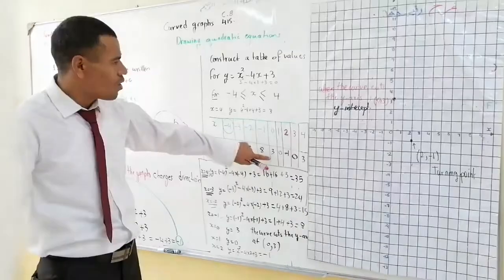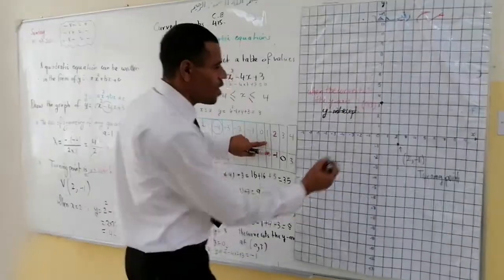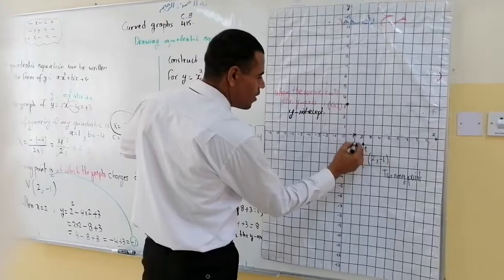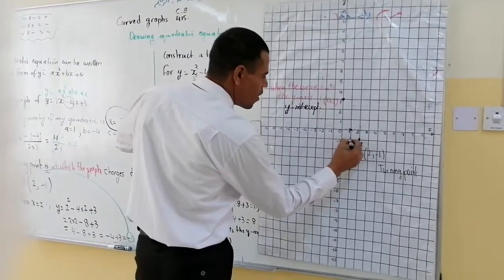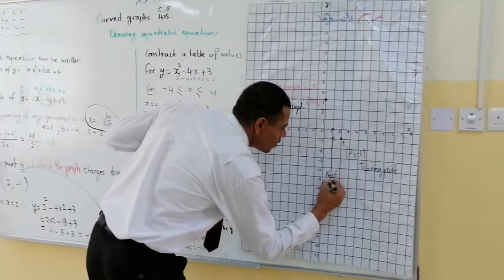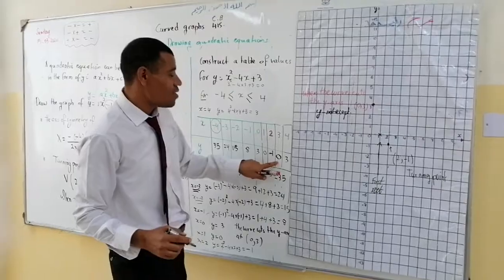Move to the next point. We said 0, 3, then 1, 0. Where x equals 1, this is a root, the first root of my quadratic equation. Then x equals 3 is also a root.